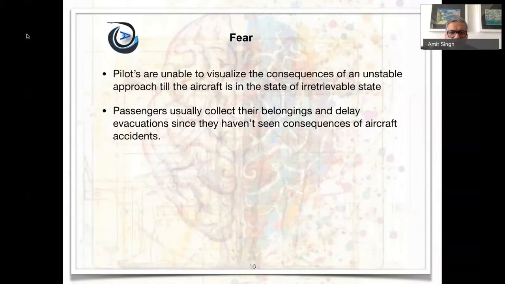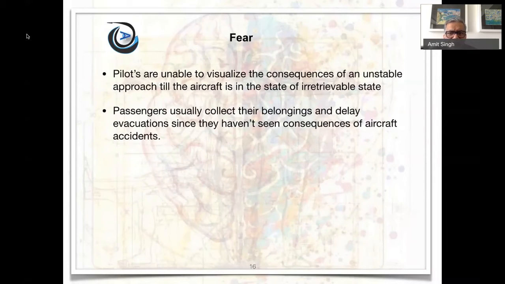Passengers usually collect their belongings and delay evacuations since they do not see the consequences of aircraft accidents. So if you compare it with a road accident, if you have met with a road accident while sitting on the passenger seat, the next time you would prefer to drive rather than sit there, because the amygdala has associated the passenger seat with a particular response or emotion.